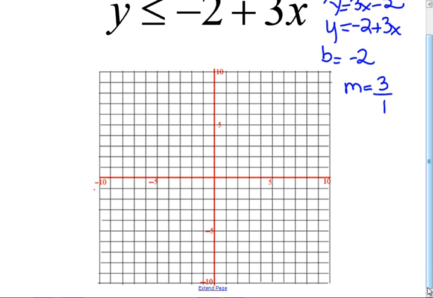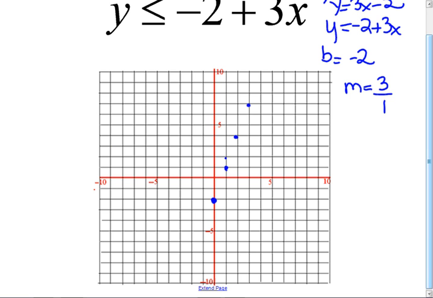We know how to do this, don't we? And the slope is 3 over 1. Allison, how do I do that? I'm asking you. Up 1, go to the right. So I go up 3 over to the right 1. Go up 3. And then I'm just going to draw that line.